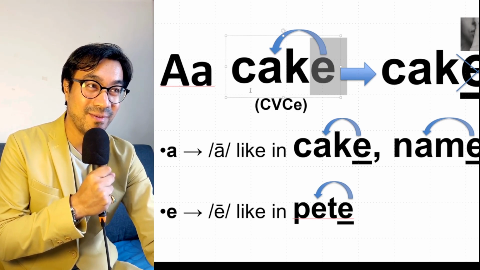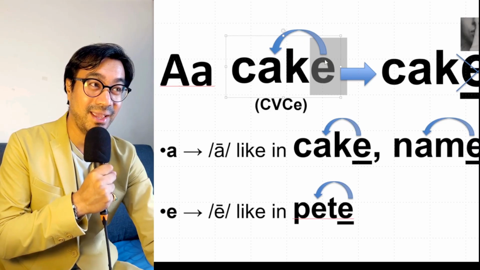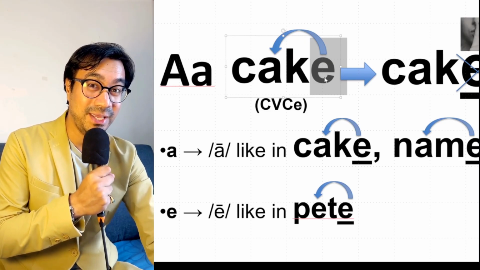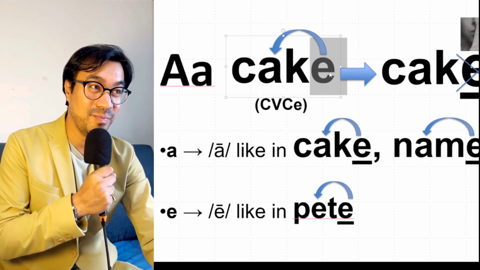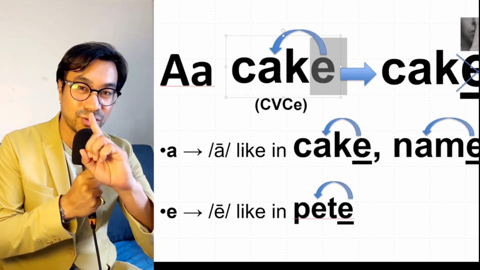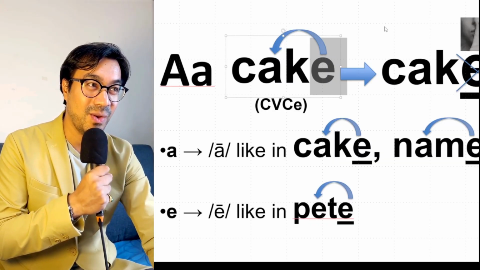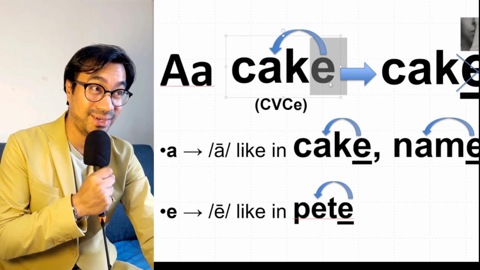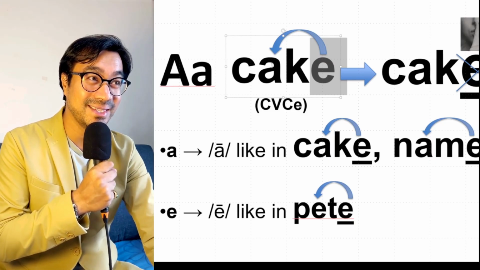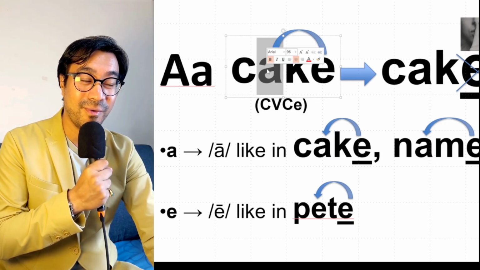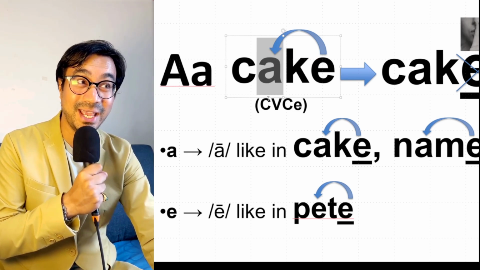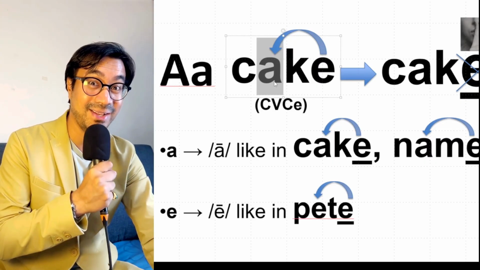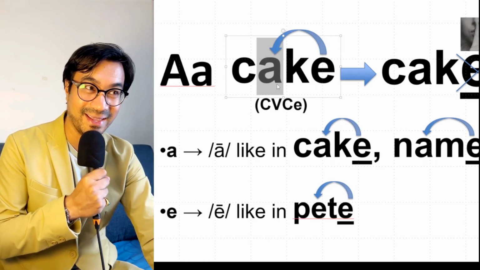This E will be silent. Shh. We will not say this E when the word ends with E. But we also have to remember this E will change the vowel before it to say its own name. That is long vowel A.